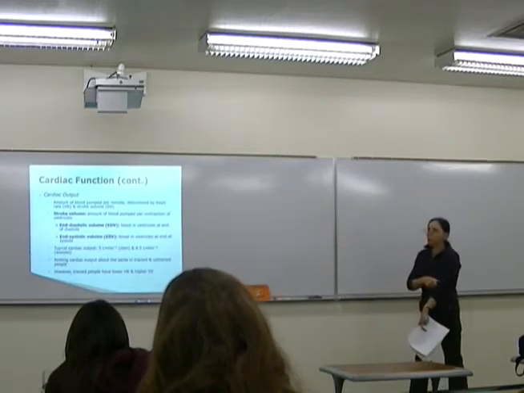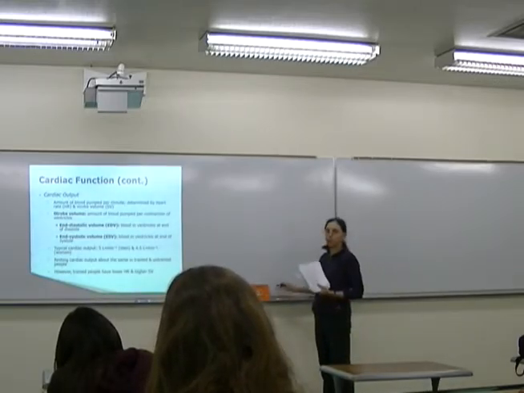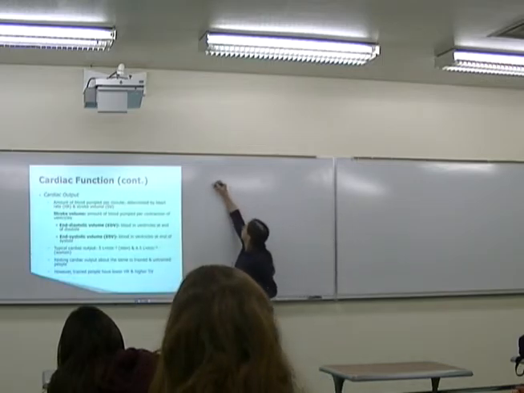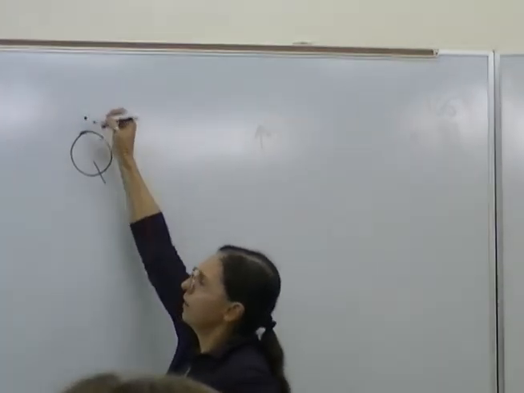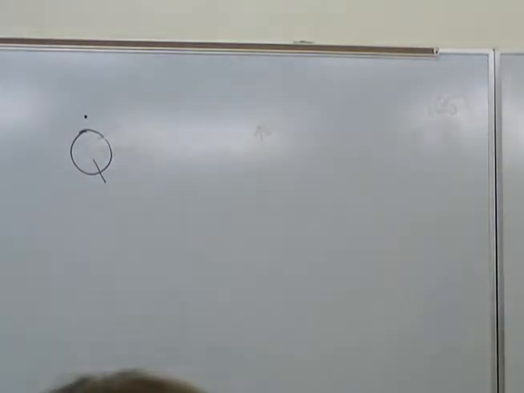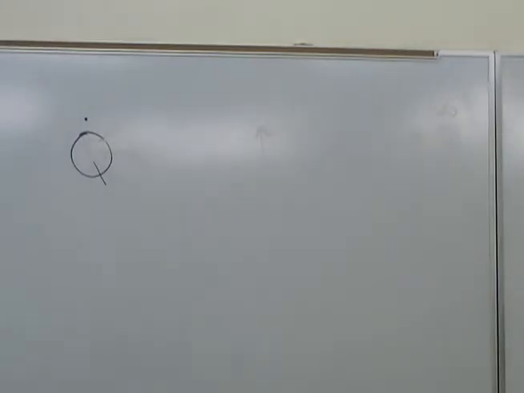So cardiac output is also called Q. It's shortened to Q. If it has a dot over it, it's per minute. And I don't know why they pick Q, because it doesn't relate to cardiac output.